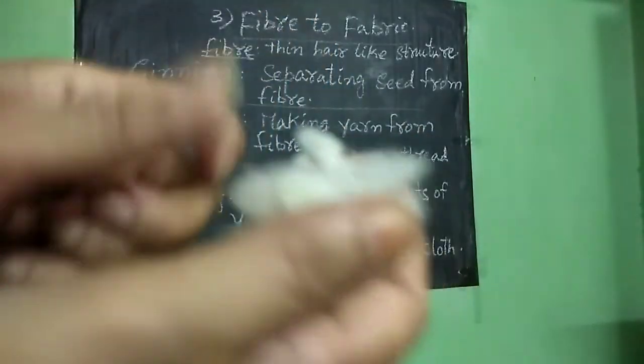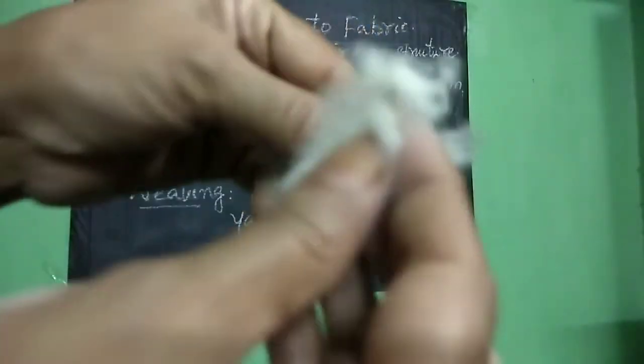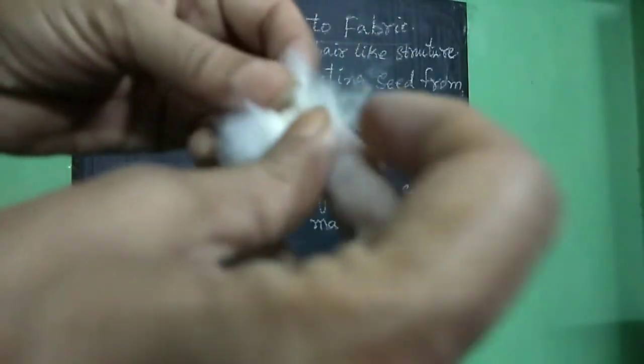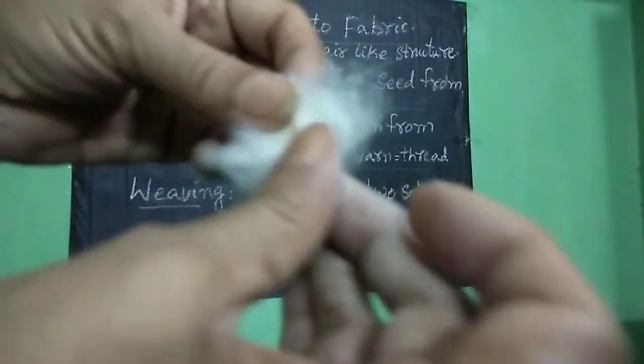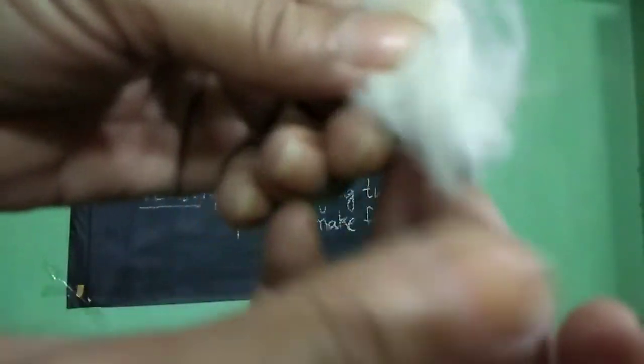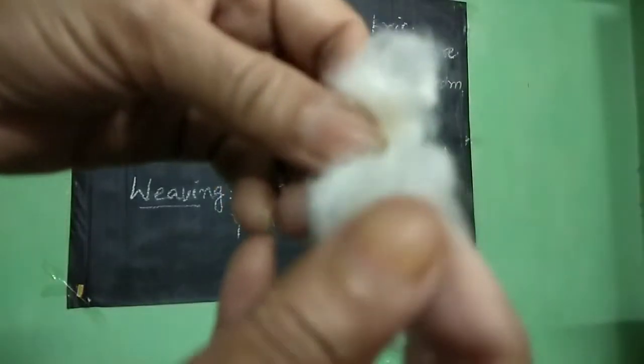After ginning, what will they do? They will make it soft like this, putting all the strands together, and they will be combing. These are hair-like structures, fibers.